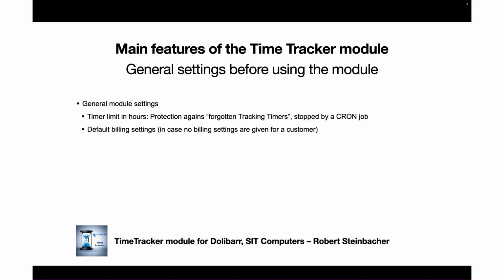The background behind that is that we have an automatic creation of invoices. For example, at the end of the month, you can create an invoice for all the time spent for a specific customer by different users, by different co-workers of your company. And if you create those invoices automatically, you need some kind of billing settings.